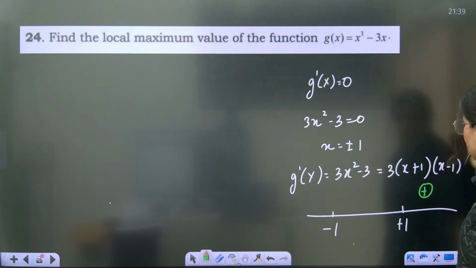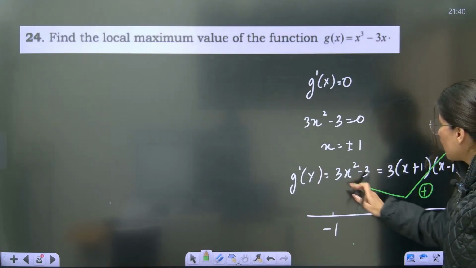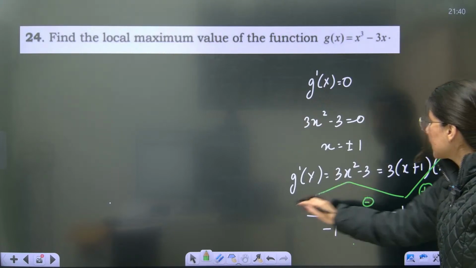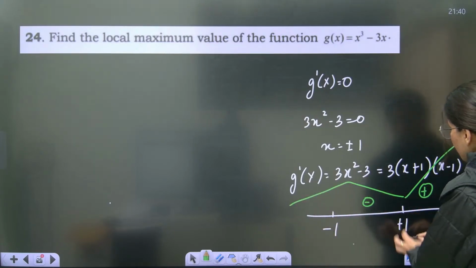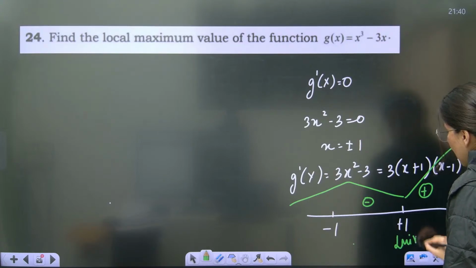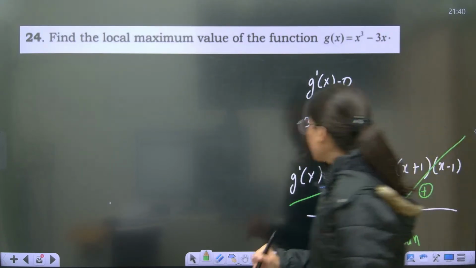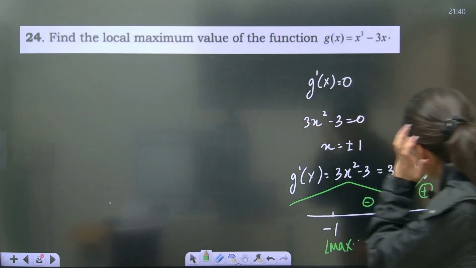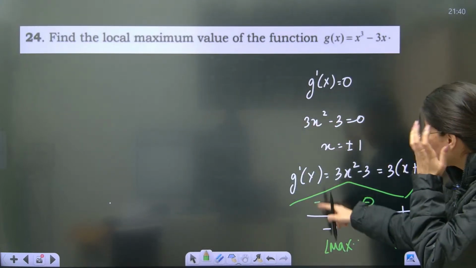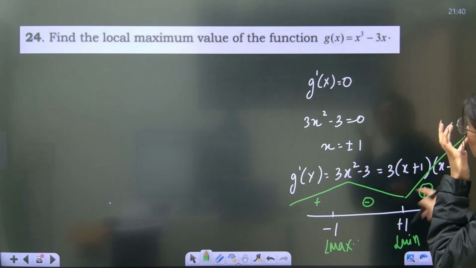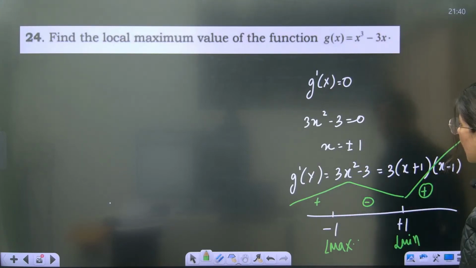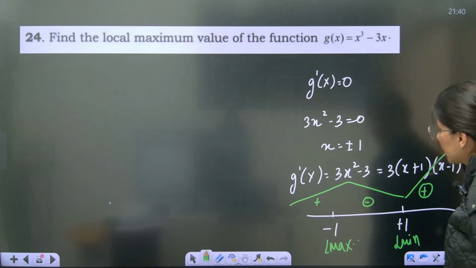That means your function will be increasing. And from here, this is negative, function decreasing and then increasing. So this is the point of local minima. And this is the point of local maxima. At x equals to minus 1, the signs are plus, minus, plus. Maximum you are getting, no? Local maximum at x equals to minus 1, yes, local maxima.